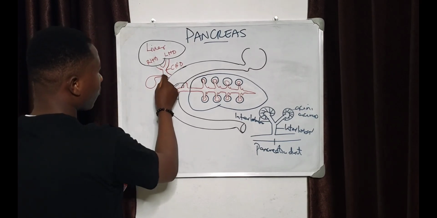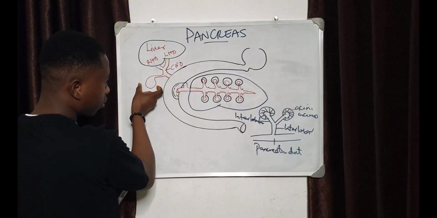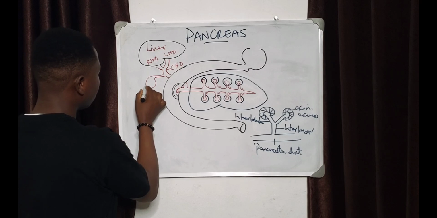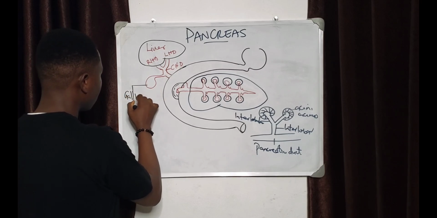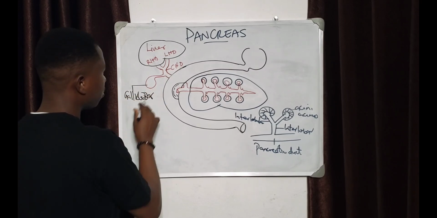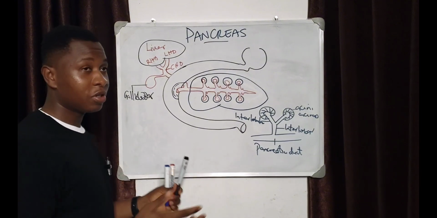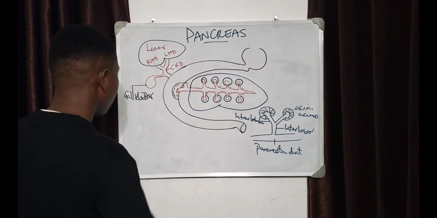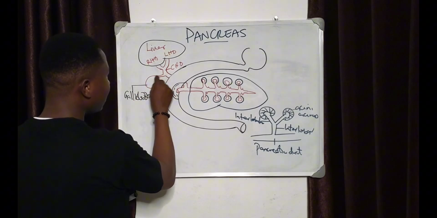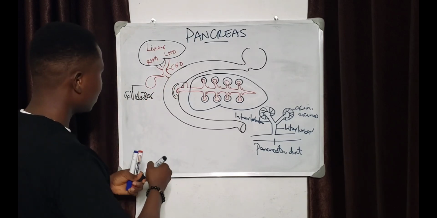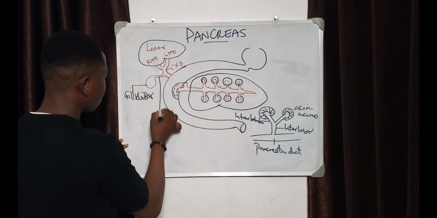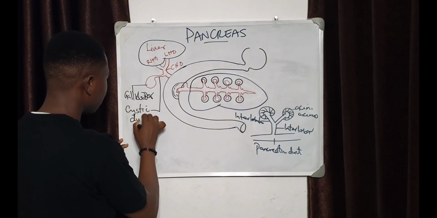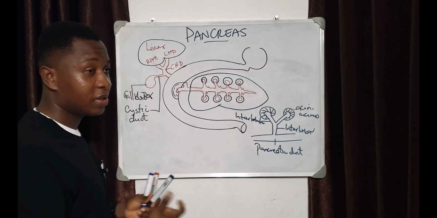Now, if you notice, you see a structure here. This structure is called the gallbladder. What does it contain? It contains the bile, which helps for emulsification of fats. Okay. Now, the duct that leads to the gallbladder is called the cystic duct.